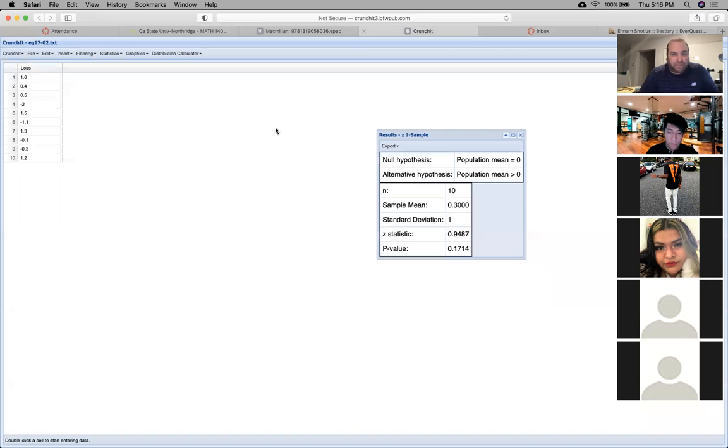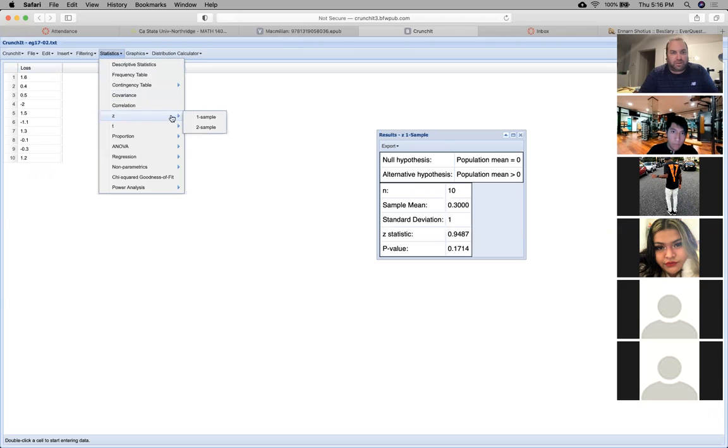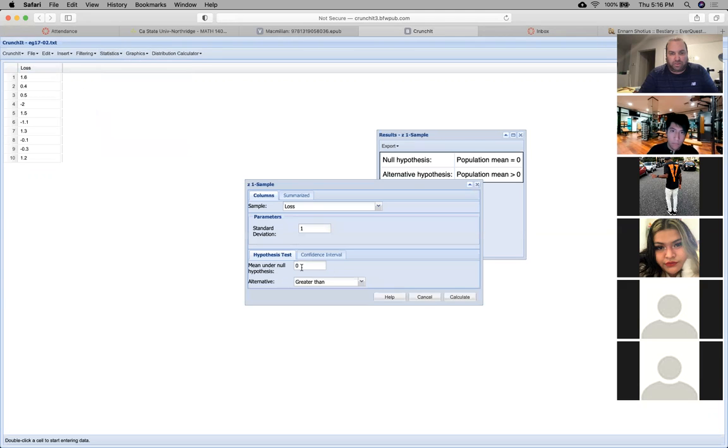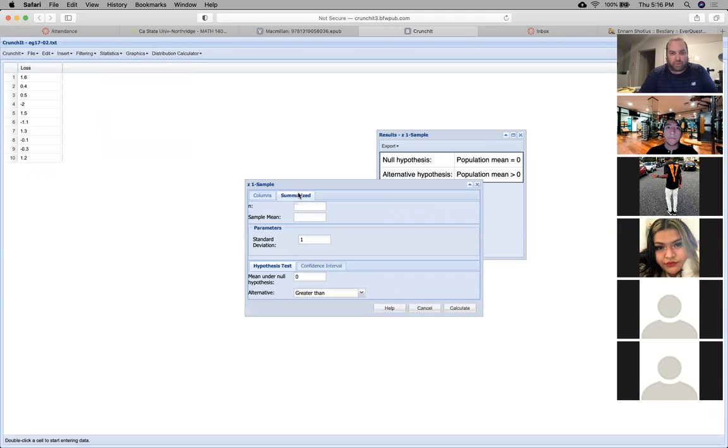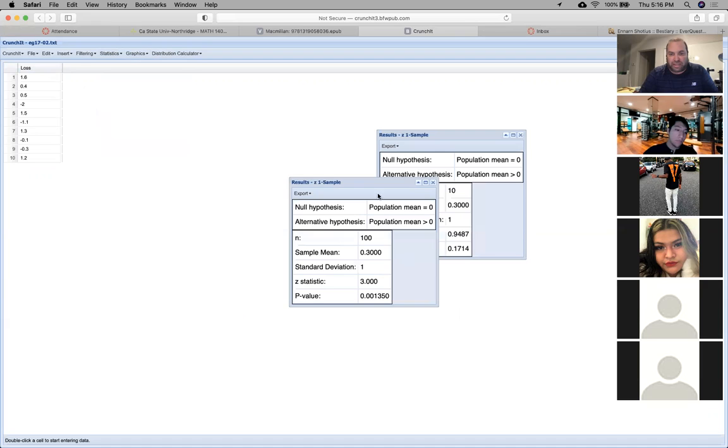Let's take a look. I can't just change it like that, unfortunately, because all my data would change. But let's say I calculate a hypothesis test from here. Here we go. Suppose I have 100 and I have the same 0.3, same deviation, same mean, same greater than, and I calculate now.